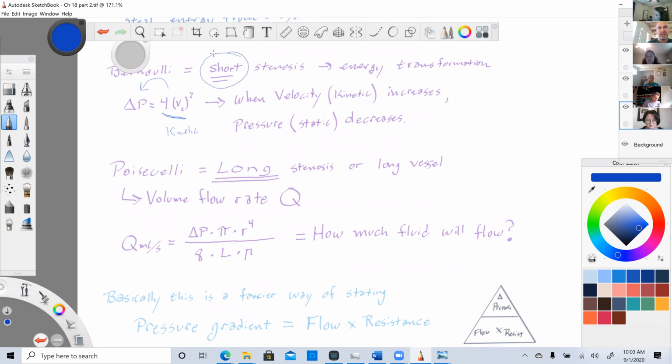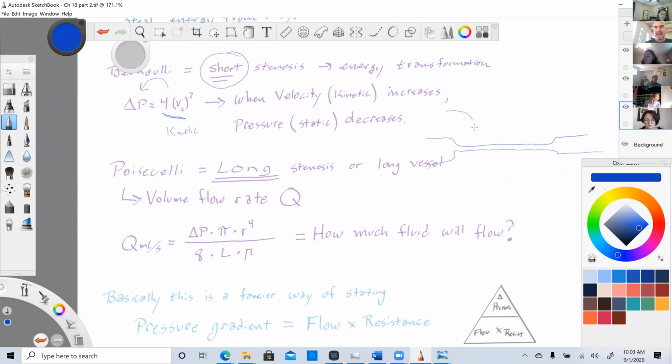Short stenosis only. Bernoulli only works on a short stenosis. Poiseuille is a long stenosis, or simply a long vessel. So before I had what essentially turns out to be a long stenosis.